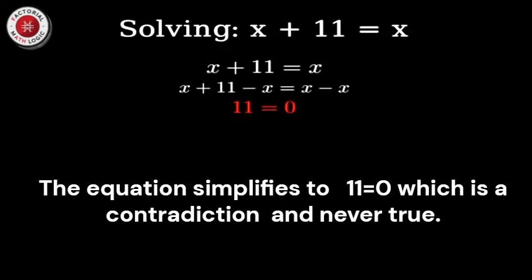But wait, 11 can never equal 0. This shows us that something is wrong. What this means is that the equation is inconsistent. It does not have any solution.